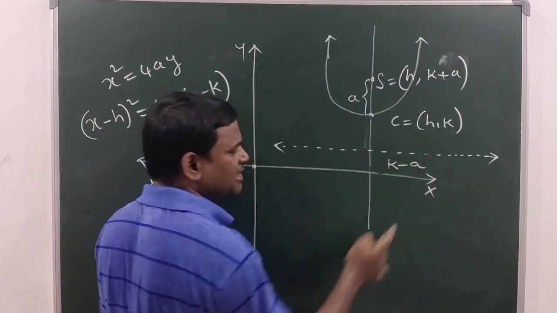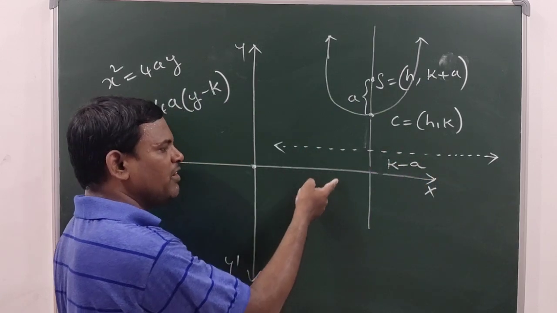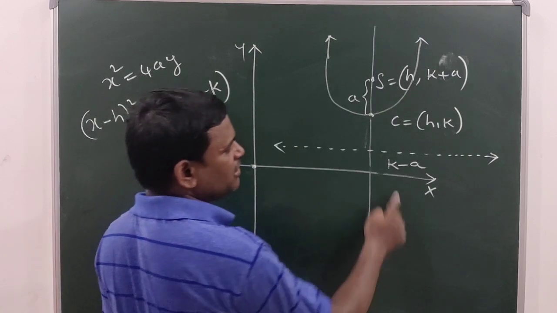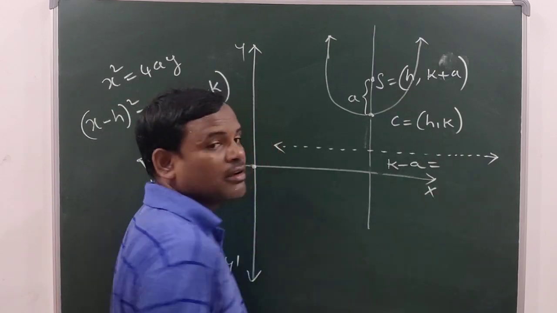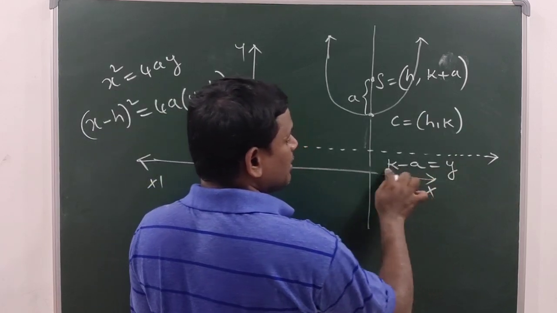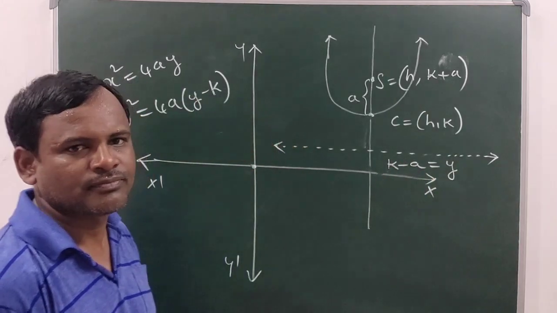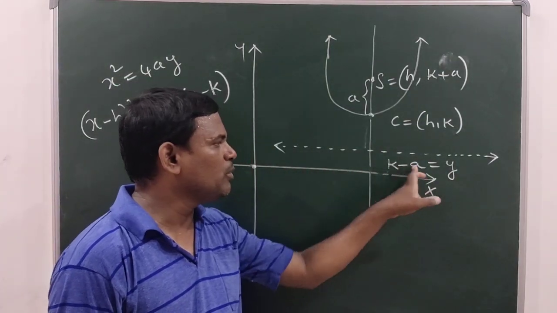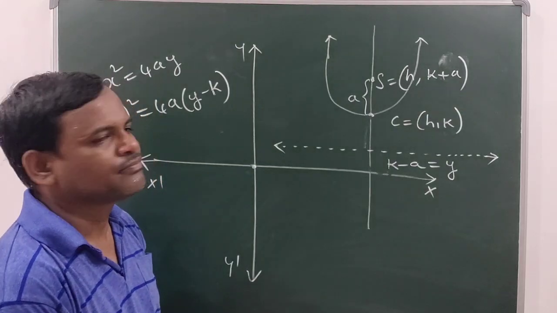So this directrix is how far away from the x-axis? k minus a units. Hence the equation will be y equal to k minus a.